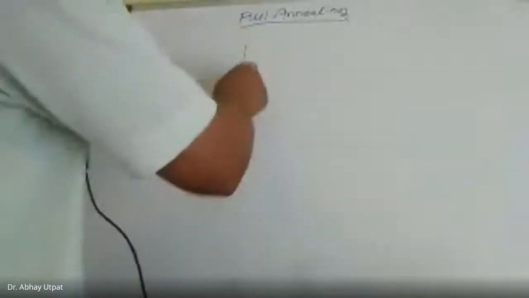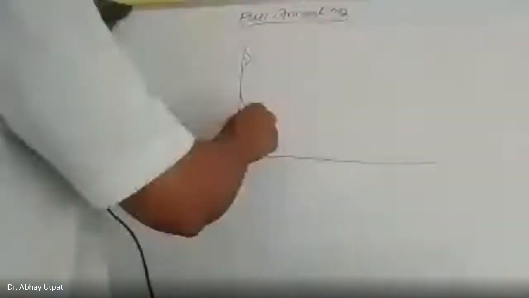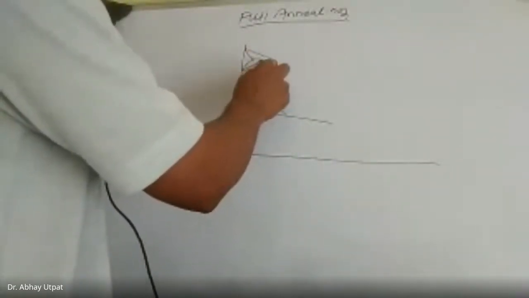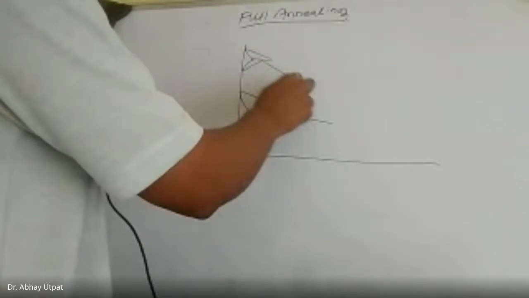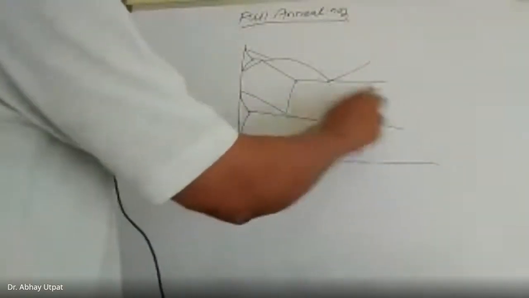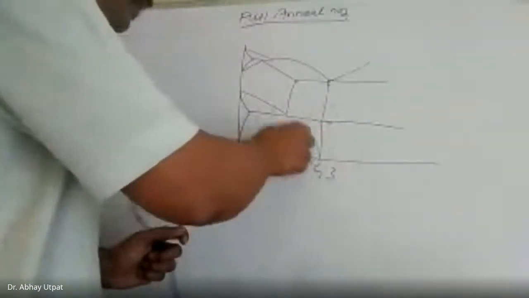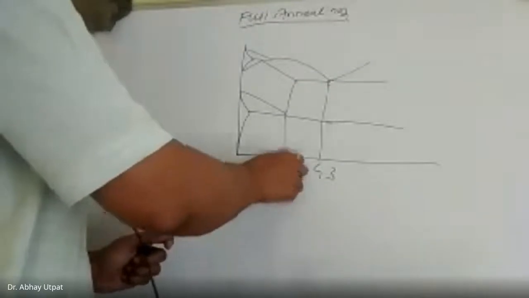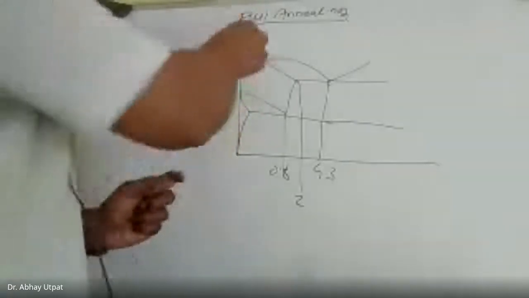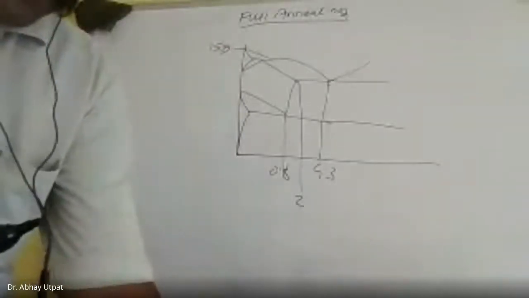I will show here. This is your iron carbon diagram. You know that here is 4.3, here is 0.8, here is 2. I am asking what is the melting point?